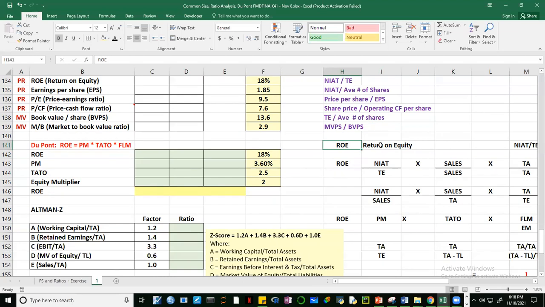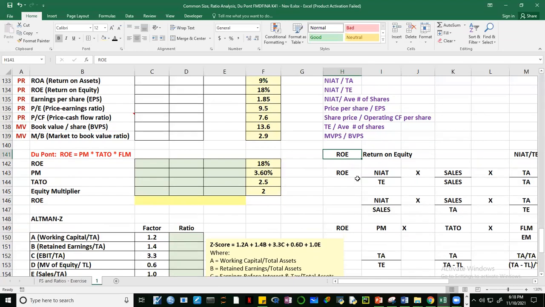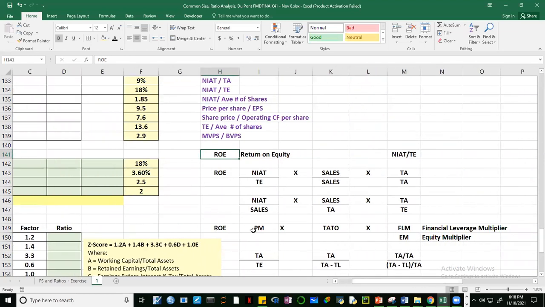Now, what DuPont did was to split this into several other measures. Kaya yung ROE naging profit margin, naging TATO, at saka financial leverage multiplier. Ibig sabihin, guys, ROE can be seen as having 3 components: profit margin, TATO, and financial leverage multiplier.